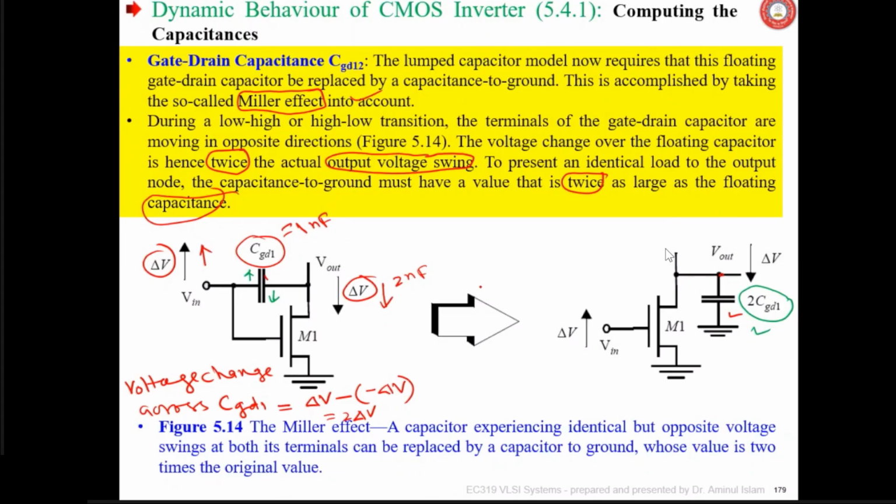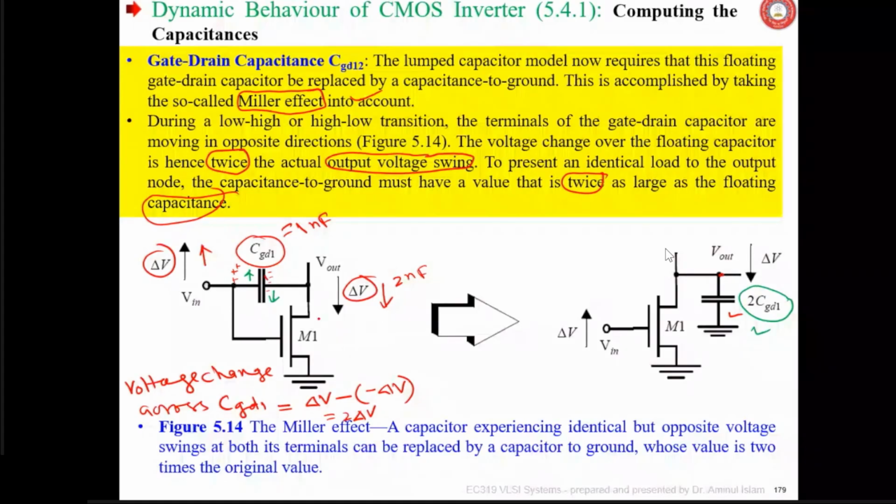During a low-high or high-low transition, the terminals of the gate drain capacitor are moving in opposite directions. If this is increasing, the other side will be decreasing. In a capacitance, if positive charges are deposited here, negative charges will be there, or not? What is the capacitor? Yes, sir.